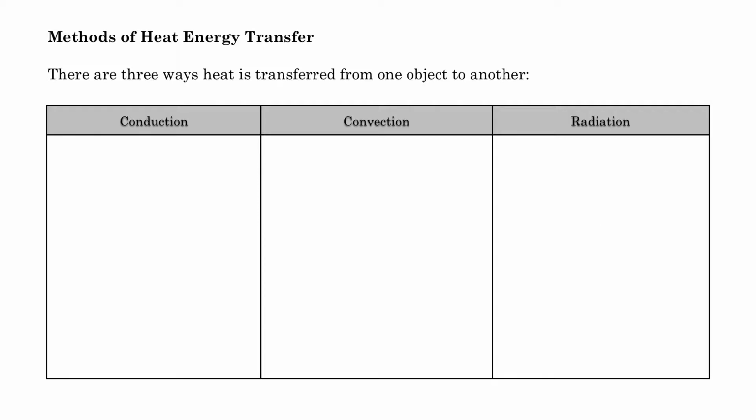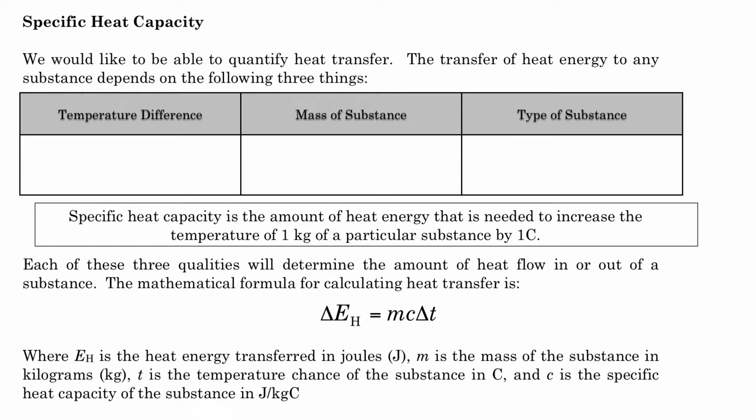And we're going to turn our attention now to quantifying heat transfer. So we'd like to take all of these concepts, the transfer of heat, and all of the things that we know, and we'd like to basically turn it into an equation, into a quantity that we can determine. So the amount of heat that can be transferred depends on three things.